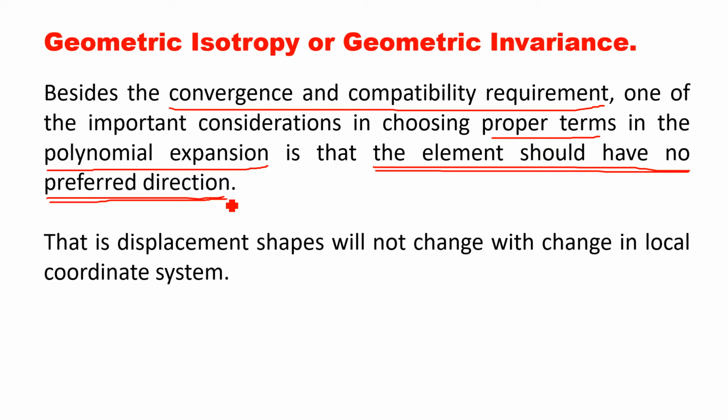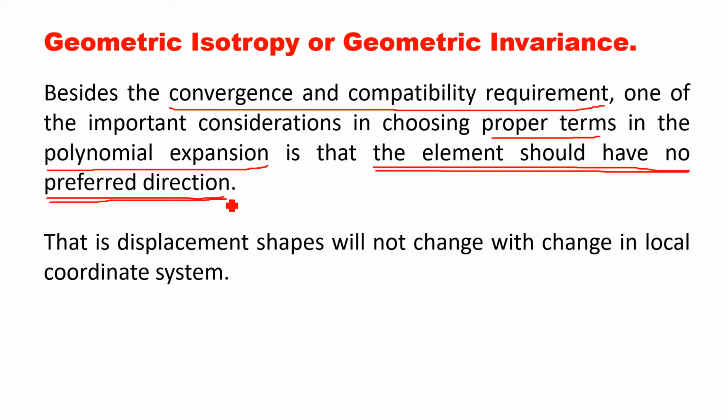whatever displacement shape is there in the element, that displacement shape should not change if you change the local coordinate system. The displacement shape should not change if there is a change in local coordinate system.